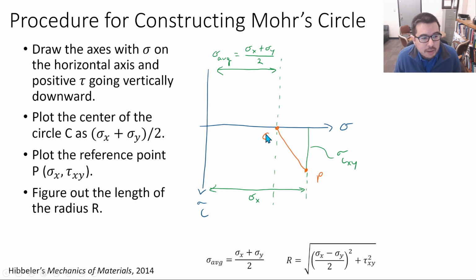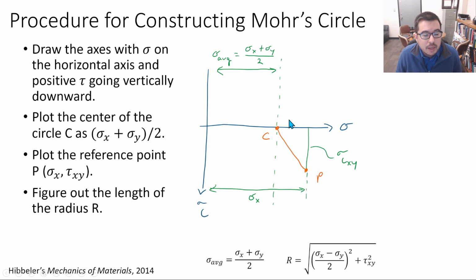If I'm interested in calculating out the radius of this length CP, and I've already plotted my C and my P, and I know where C is at the average, and I know where P is horizontally, sigma x, I can say that this length right here is going to be sigma x minus sigma average.